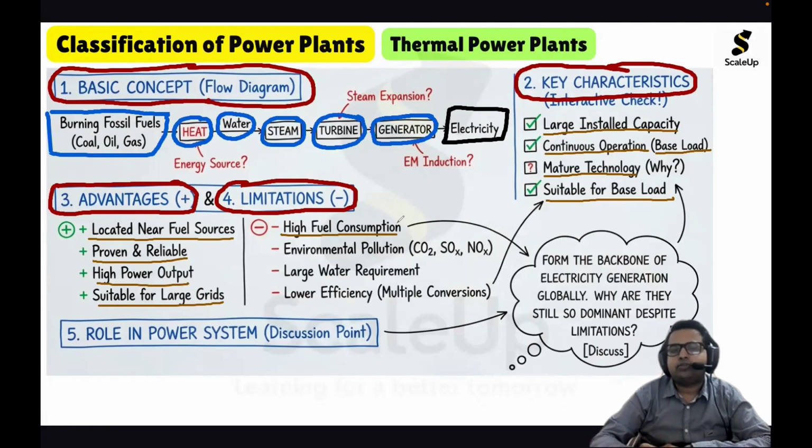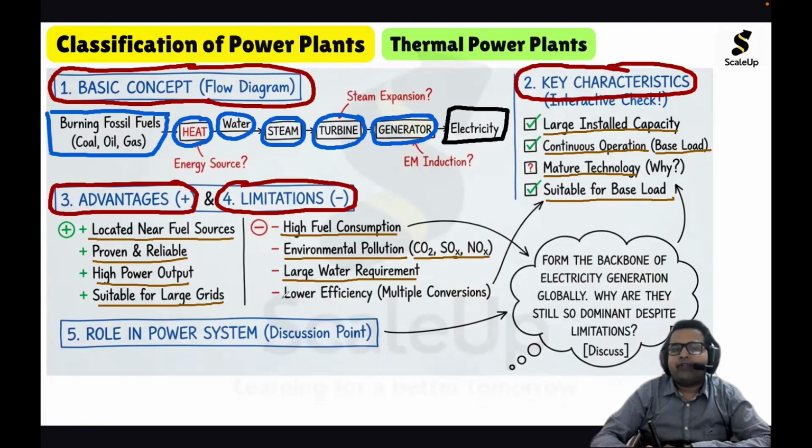Environmental pollution, because burning of fossil fuels emits gases like carbon dioxide and oxides of sulfur and nitrogen, which are harmful for the environment. Large water requirement, because we heat the water to generate steam.